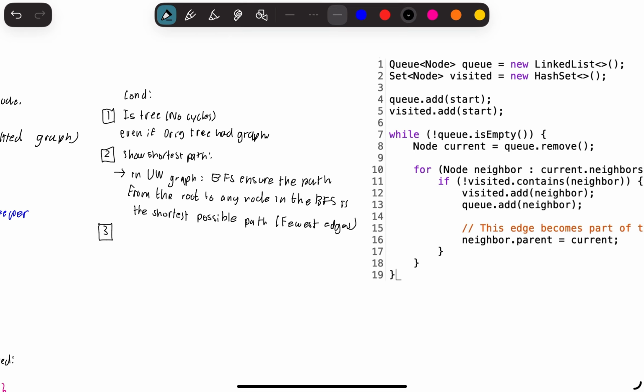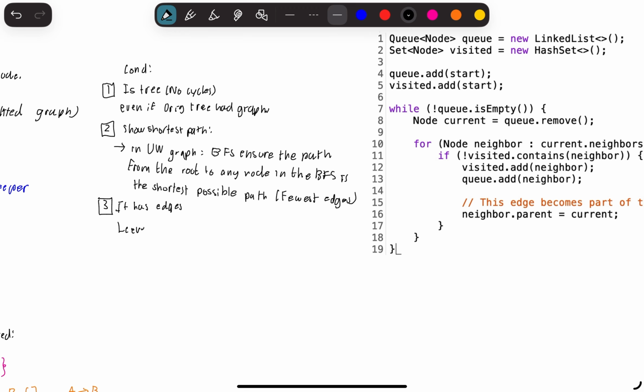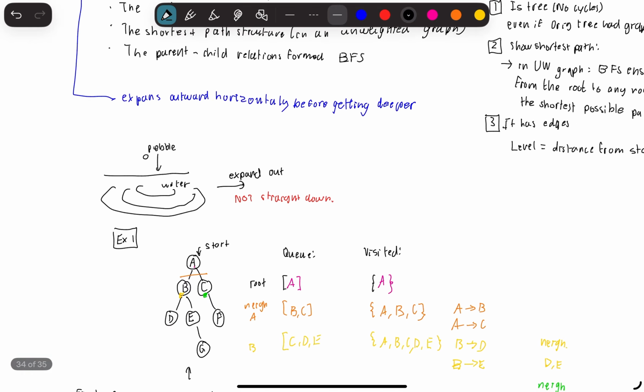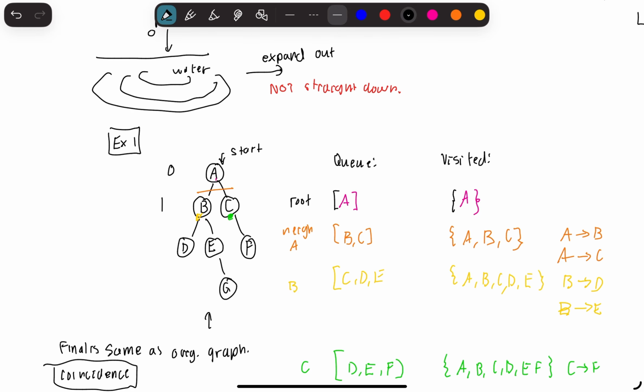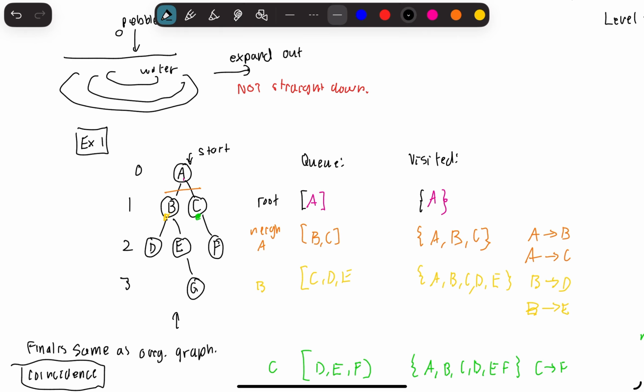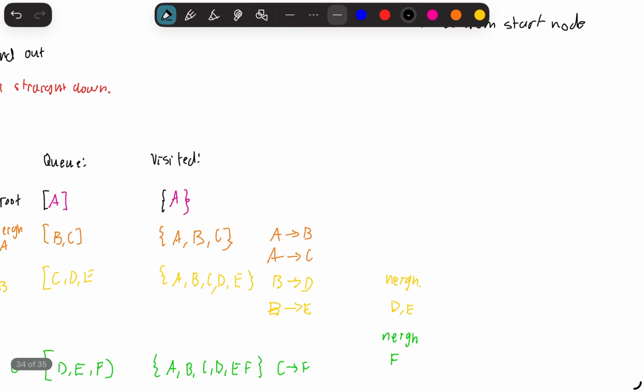Thirdly, it has to have levels. So your level is your distance from your start node. Like we can see here, A is level 0, then 1, 2, 3. So it has to have that level structure.